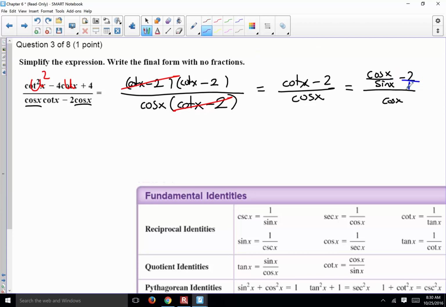So to set sine x and 1 the same, I need to multiply this one, top and bottom, by sine x. Well, it's not happening. I was going to cancel out this, but it's not happening.